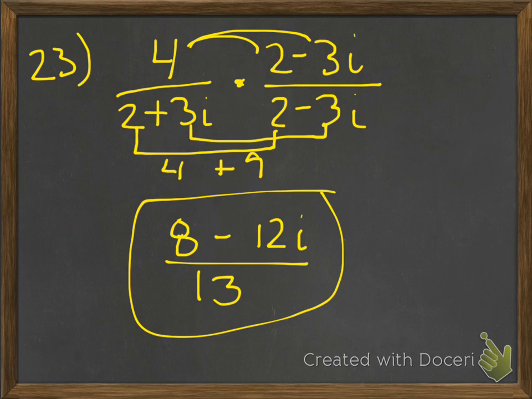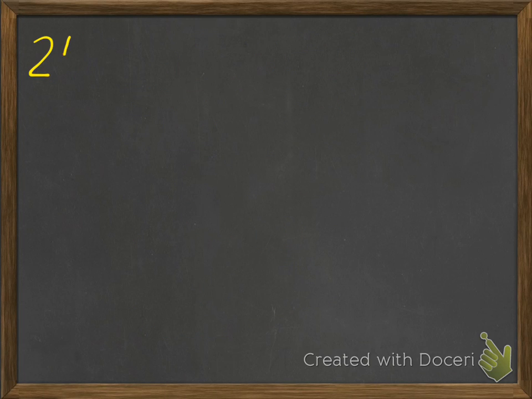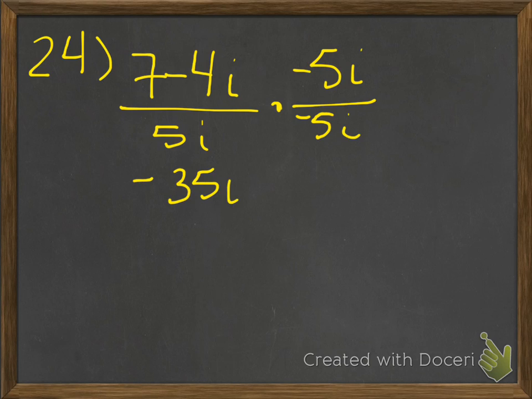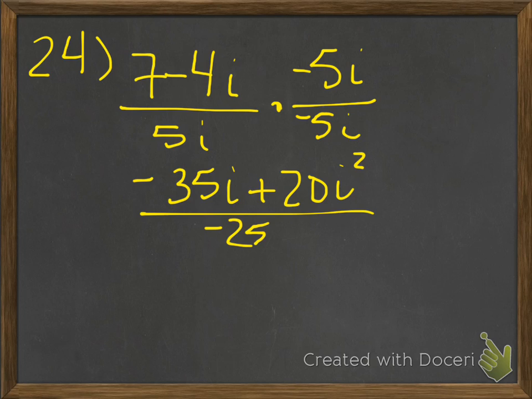That's it. Okay. 24, multiply by negative 5i, both top and bottom. And when I do that, negative 5 times 7 is negative 35i. Negative 5 times negative 4 is positive 20i squared. Negative 5 times 5 is negative 25i squared.